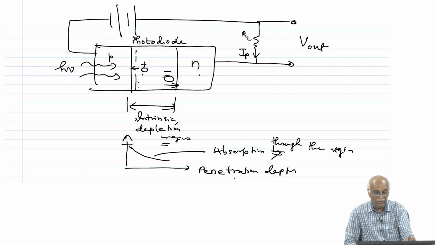But if the penetration depth of the light is narrow, then the electron generated within that narrow band will not be able to travel a long distance to reach the end. So indirectly, the penetration depth, depletion region, etcetera, all determine the characteristics of this detector, and the reverse bias allows you to measure this current very clearly.